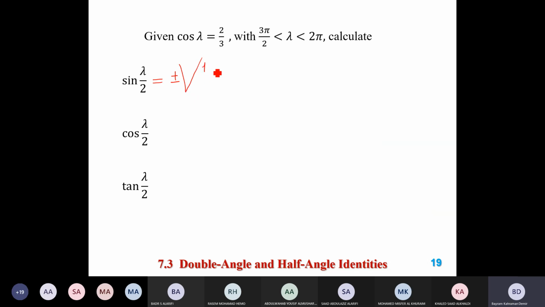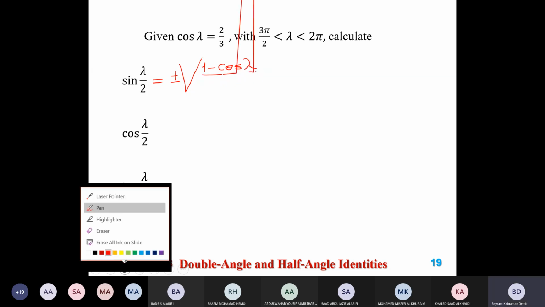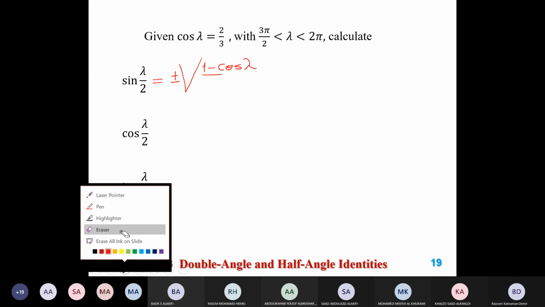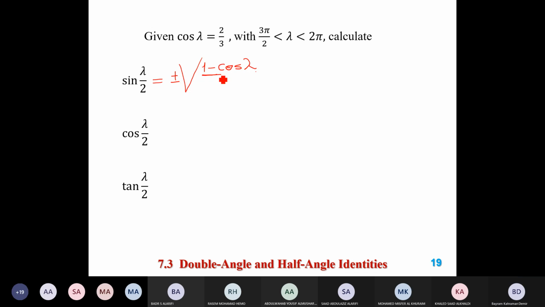So it is the square root of (1 minus cosine lambda) over 2, right? One minus cosine lambda over 2. So which one, Shabab? Am I going to choose positive or negative for sine of lambda over 2?